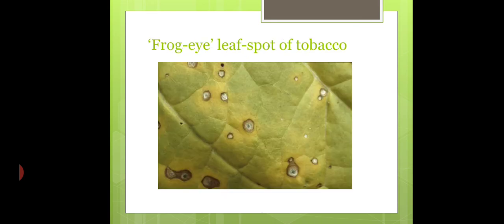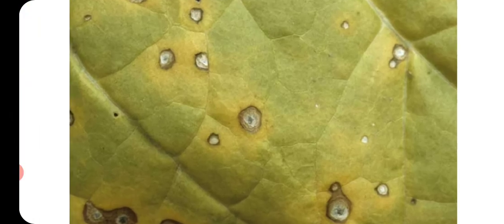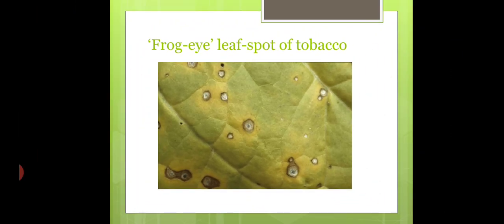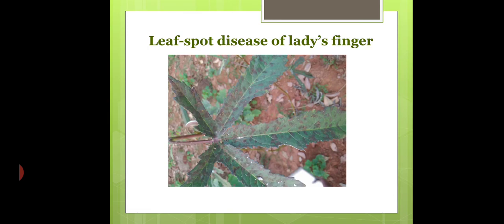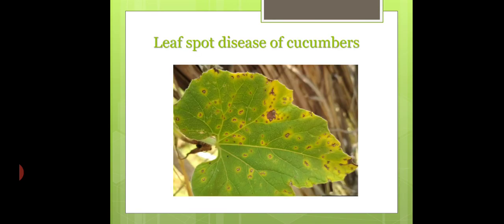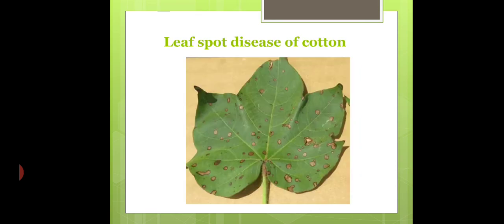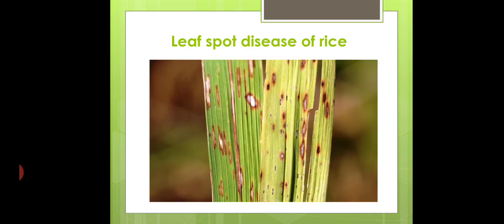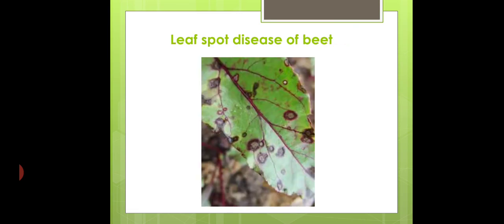Then frog eye, see, the lesions look like a frog eye, that's why leaf spot of tobacco. Then leaf spot disease of lady's finger, then leaf spot disease of Cajanus cajan, then a cucumber leaf, then cotton, this is rice, leaf spot disease of beet.